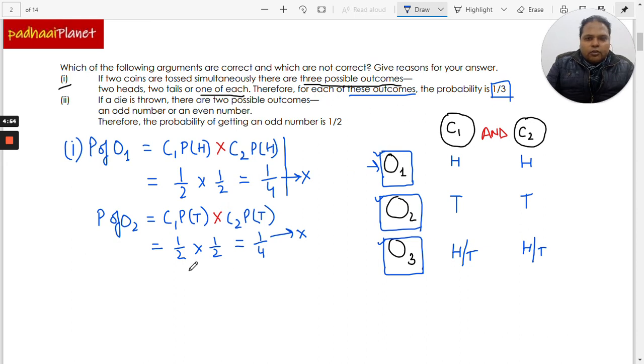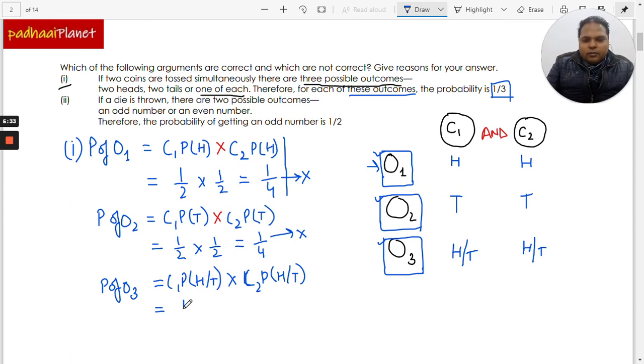Now let's look at the option number 3. Probability of option number 3. Here again we will write the same thing, C1 probability of any one of these two, either heads or tails, multiplied by coin number 2 probability of any one of the two sides of the coin. Since they are saying any one, either heads will come or tails will come, both are fulfilling the condition for coin 1.